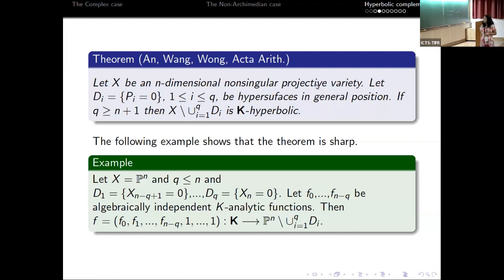This is because here we take a line, so that means dimension 1. So the question is, if we cannot reduce the number of hypersurfaces, can we increase the degree? Because if we reduce the number, we can choose the degree to be low and it is not hyperbolic. But what happens if we choose the degree to be bigger? Likely we have some results if we increase the degree.